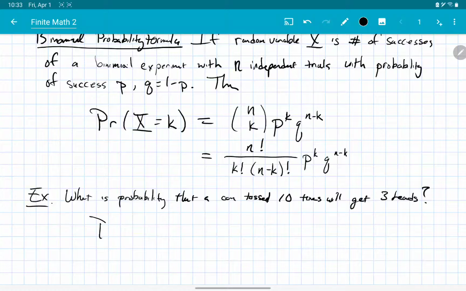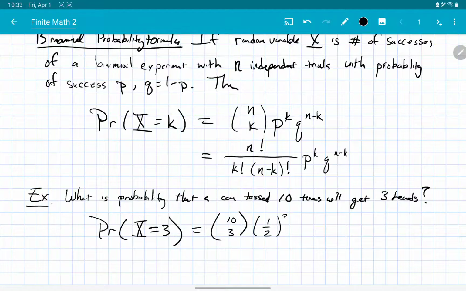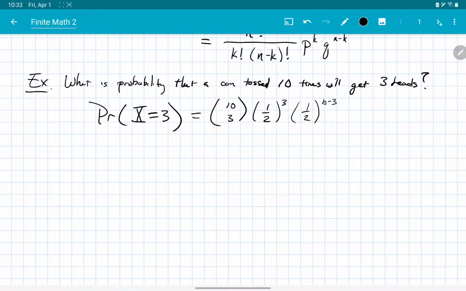So in the language of the formula, this is the probability that x is equal to 3, where x is the total number of heads that we get, the successes. So using this formula, it's 10 choose 3 times the probability of getting a heads cubed times the probability of getting a tails to the 7th power, which is 10 minus 3. So that's what happens when we plug into that formula.